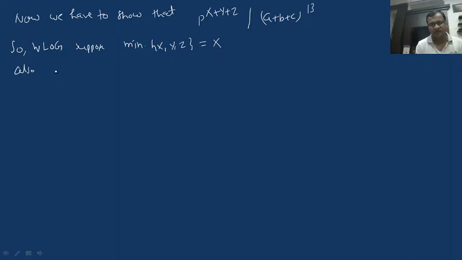We have given that B divides C cubed, and Y is the highest exponent of P which divides B, and Z is the highest exponent of P which divides C. Therefore we can write that Y cannot go beyond 3Z, and C divides A cubed. Therefore Z is less than or equal to 3X.